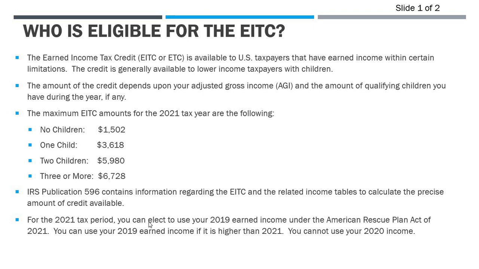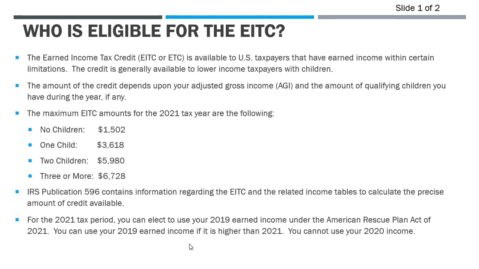Now, what's unique for 2021 and 2020 actually is when you're calculating your earned income tax credit, you can elect to use your 2019 earned income. Okay, so there's a look back period here. So in other words, if you made more money in 2019 than you did in 2021, you can file your 2021 tax return using all the income you got during that year.